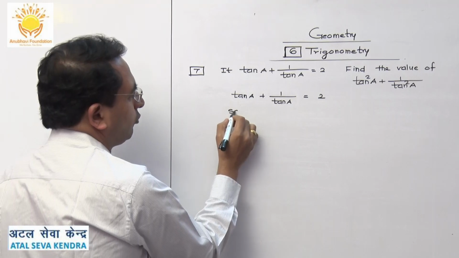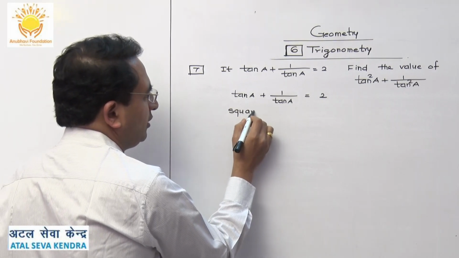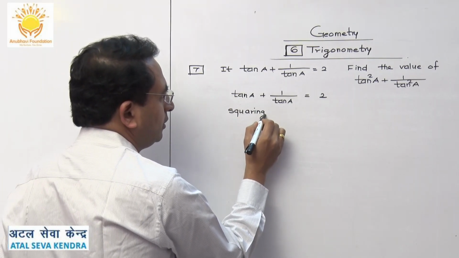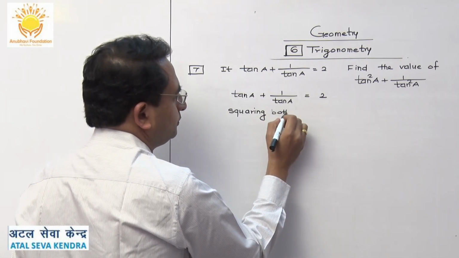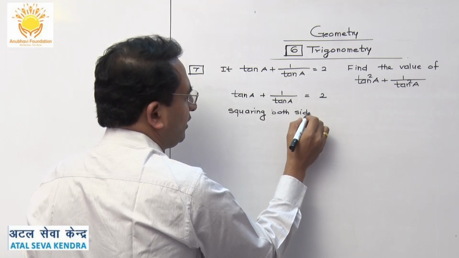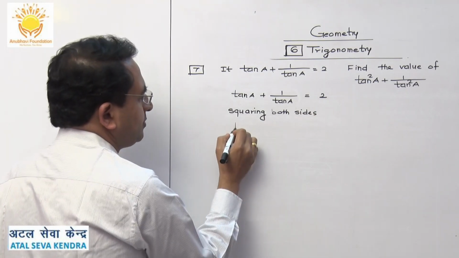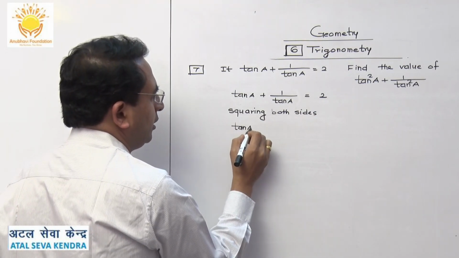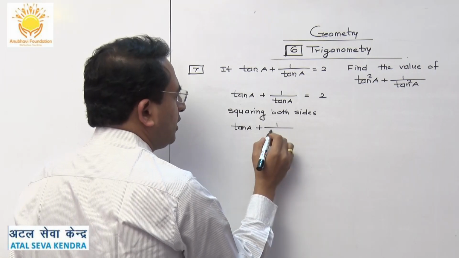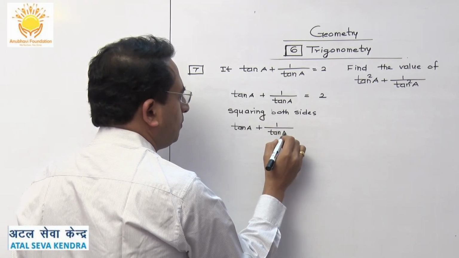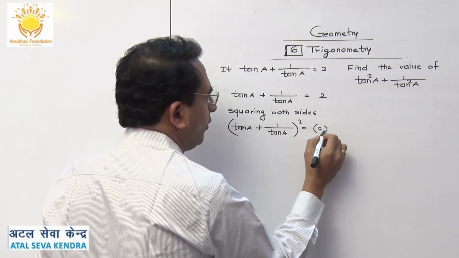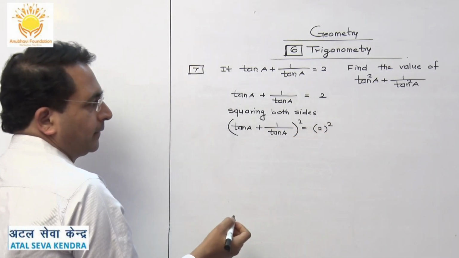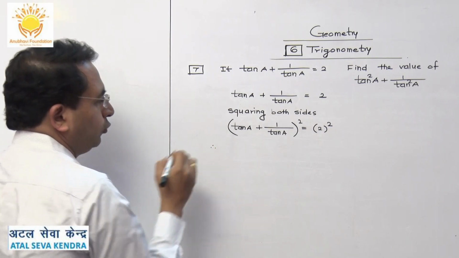Now I will take a square because we want tan square and 1 upon tan square. So squaring both sides, it becomes tan of A plus 1 upon tan of A, bracket raised to 2, that is equal to 2 square. Correct? So what we have to do?